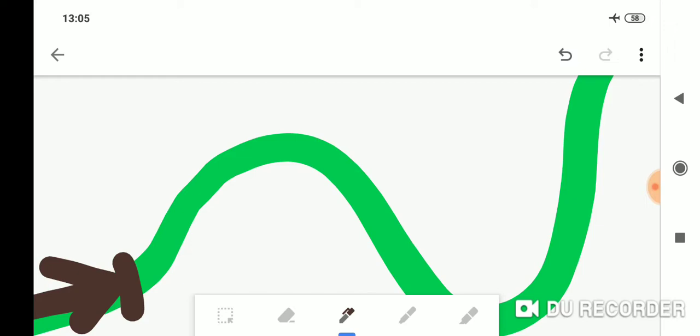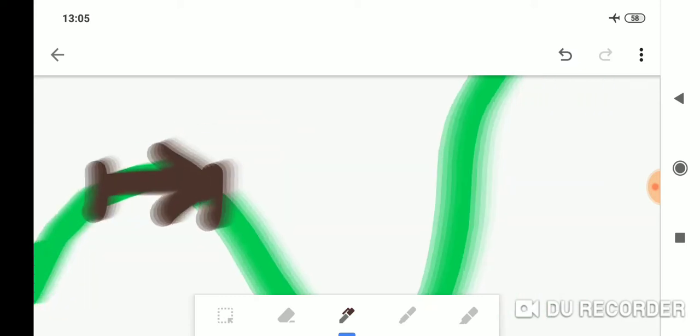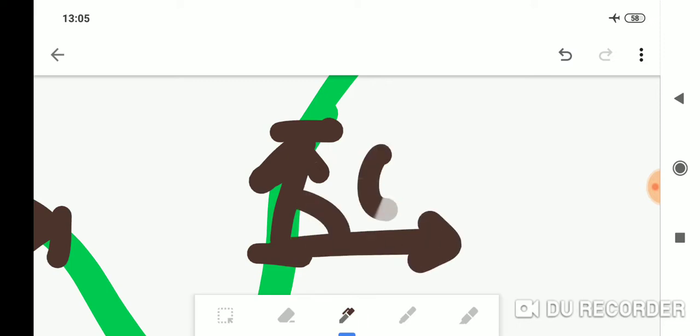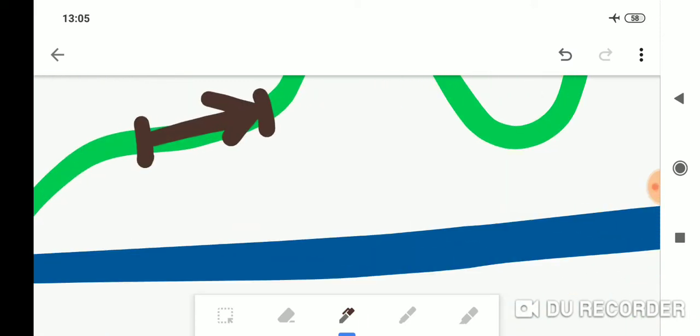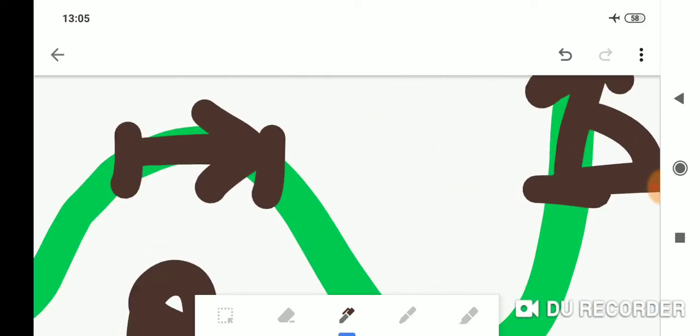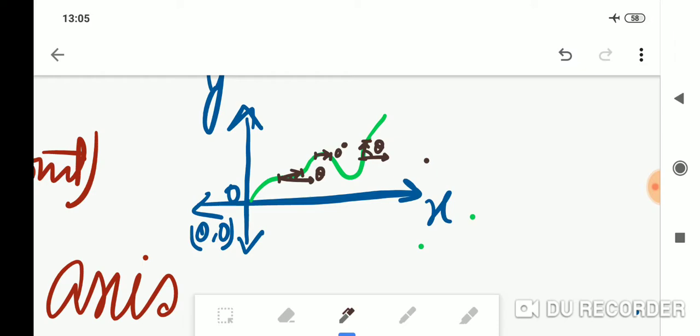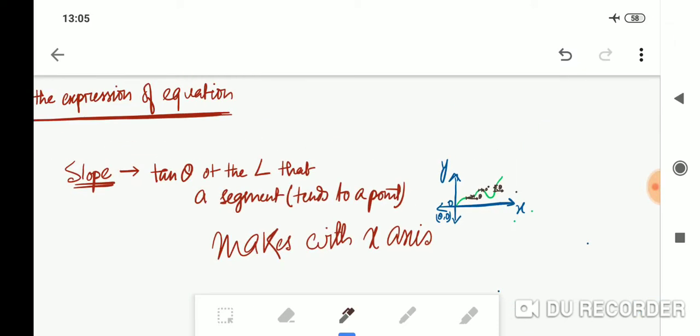Then there can be another small segment heading towards this. So this small angle is theta, and here this angle is 0 degree. These are all the angles that they form with the x-axis, and we know that tan theta is the slope.